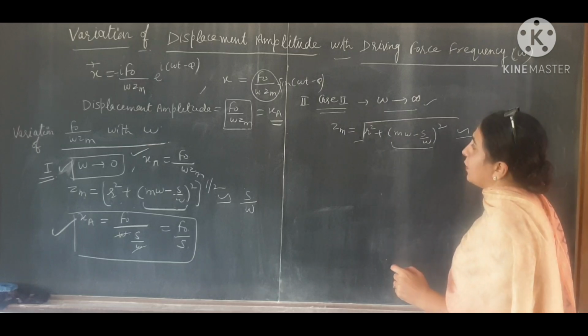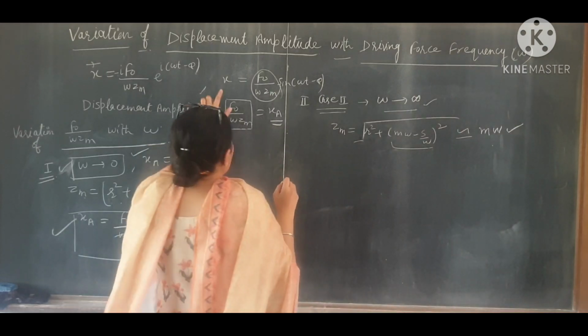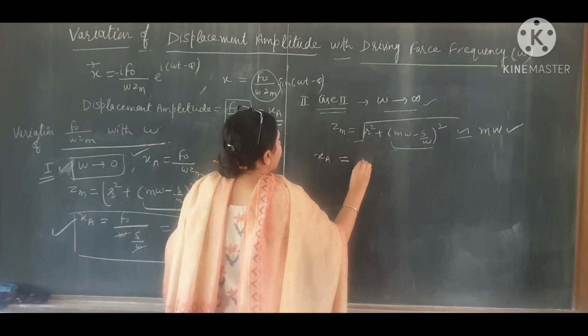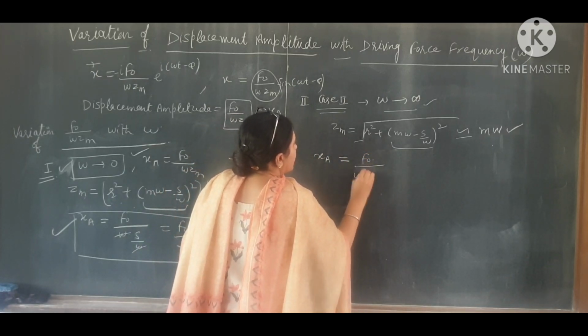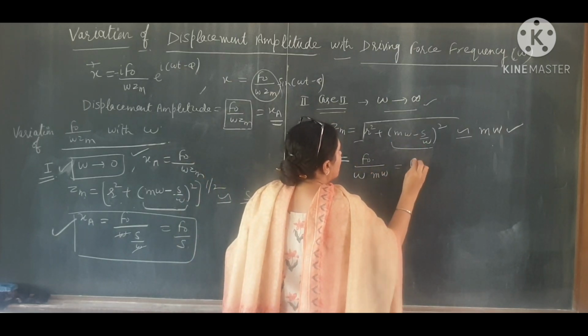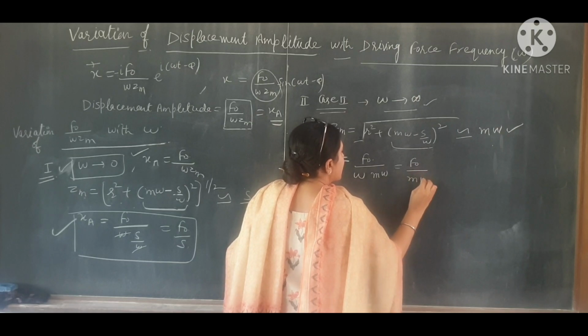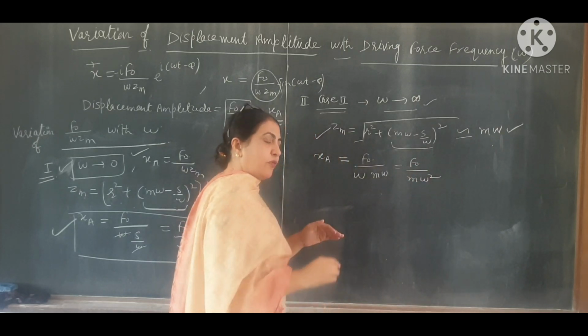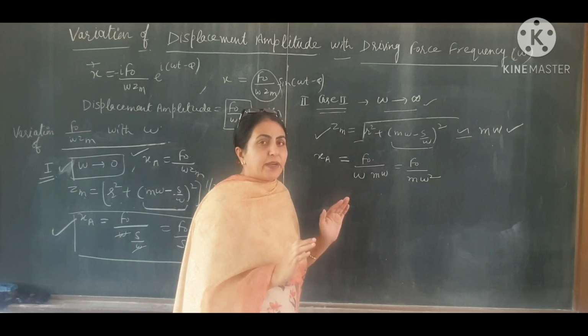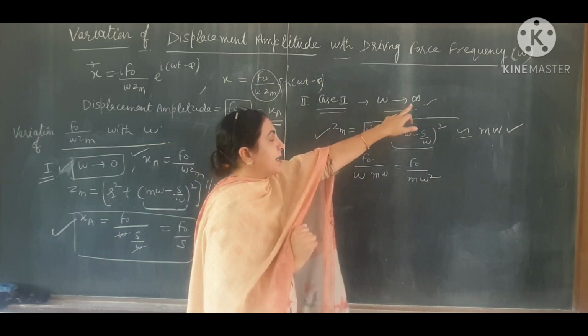So put the value here. We get xa is equal to f naught over omega, Zm is here, that is m into omega, that is equal to f naught over m omega square. But now we want to remove omega, because omega is the independent variable that is given to us, and that is infinity.